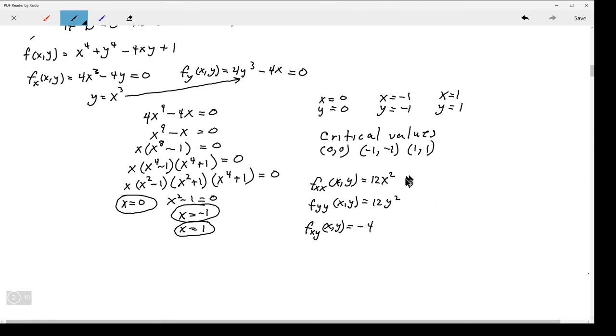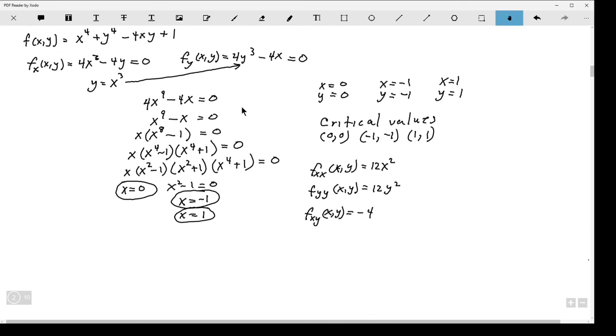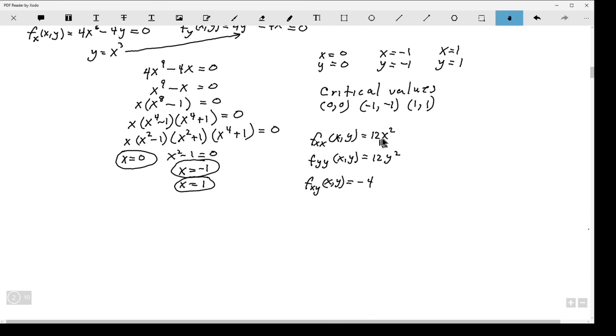All right, so one important thing that I want to note here is, remember, part of the definition of the second derivative test had to do with what was happening with fxx. If we take a look at fxx here, 12x squared, doesn't matter what x is, that is always positive. So we have the second part of this, which is that this is greater than or equal to 0 for all x.